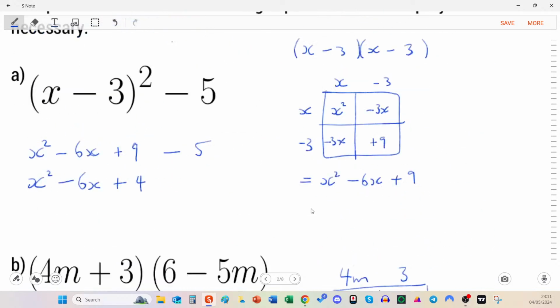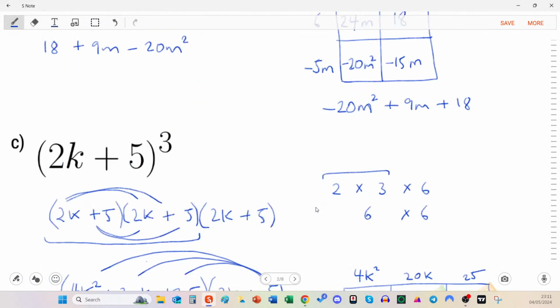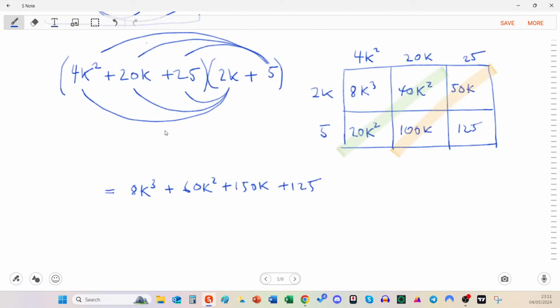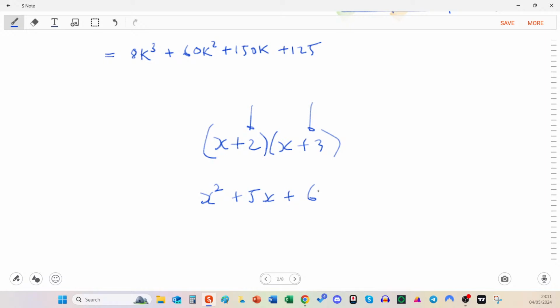All right, so expanding is the first stage to solving quadratics with factorising, because when you start expanding them like this, we're talking maybe, let's look at x plus 2, x plus 3, you'll start to notice that there's a relationship between these two numbers and the quadratic that ends up coming out at the end.